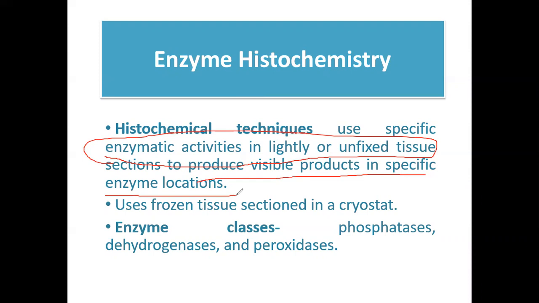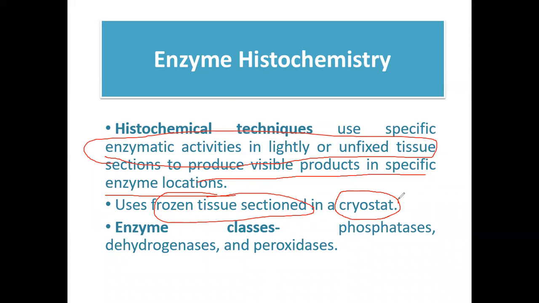Because what we detect here are the enzymatic products. Okay? So the tissue that we use here is frozen section tissue. So they are cut in a specialized microtome we call your cryostat. Your cryostat, guys, is also known as your freezing microtome.